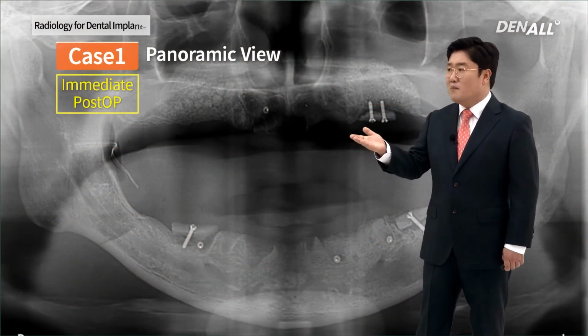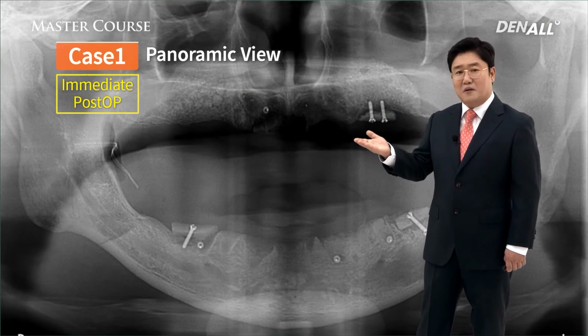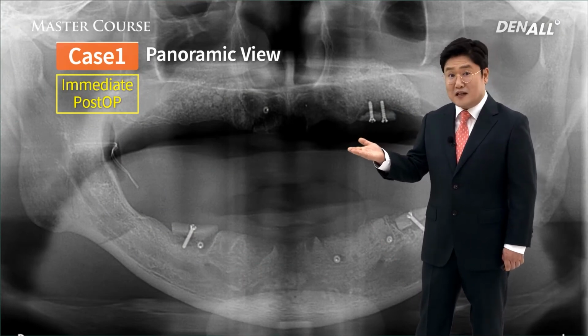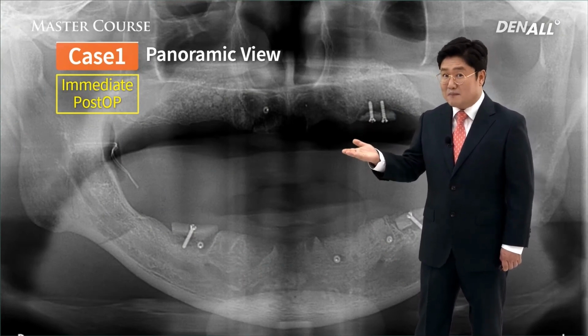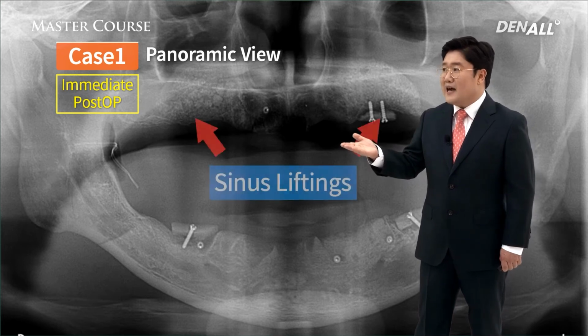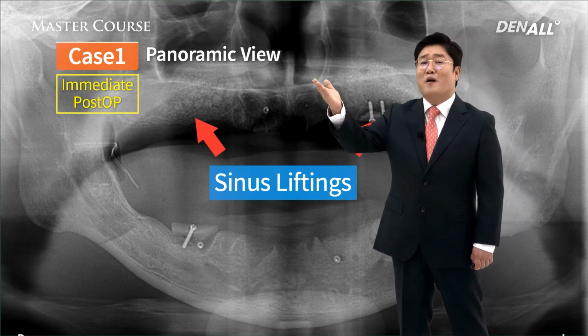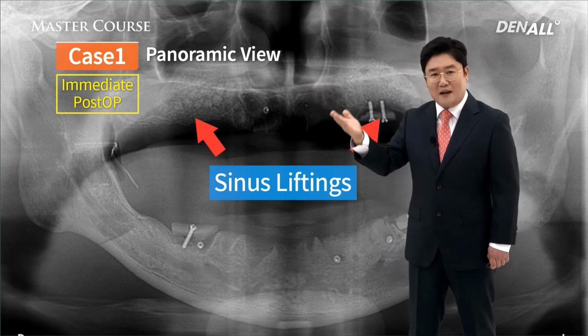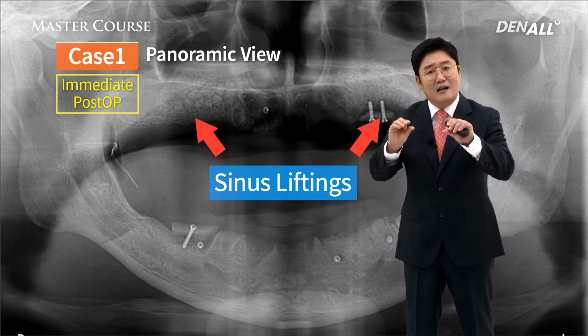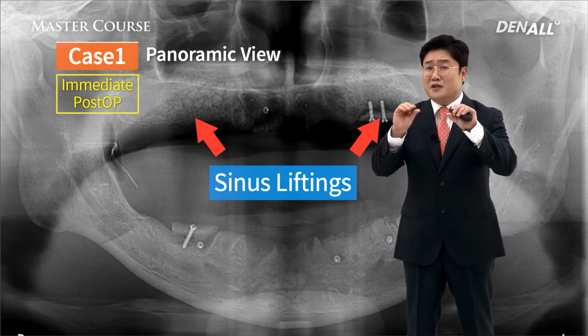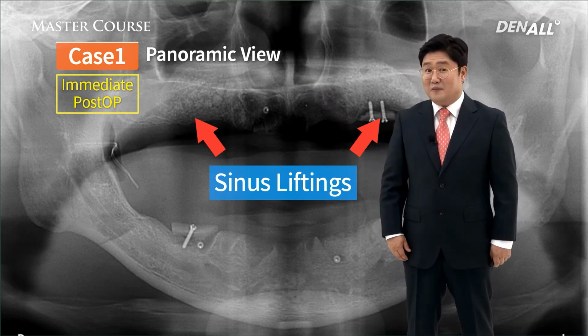Post-op picture looks like something has changed. Let's look at what has changed. First, large-scale bilateral sinus lifting has been done because the patient had very thin residual bone at the upper posterior areas.